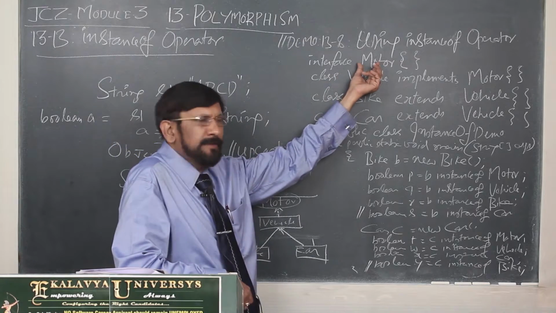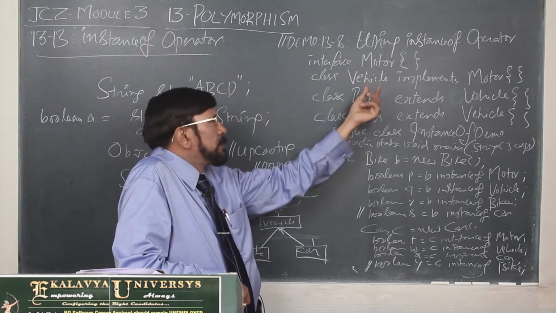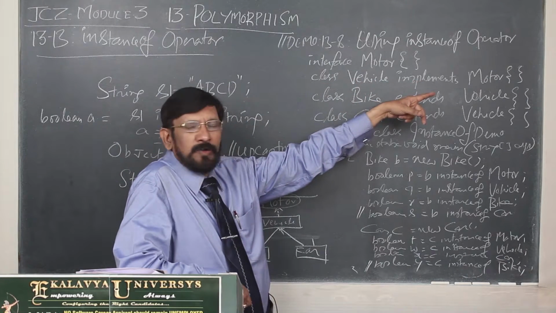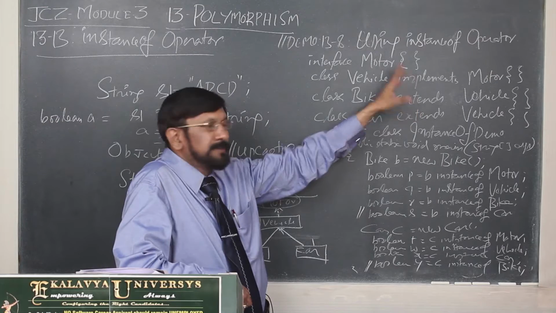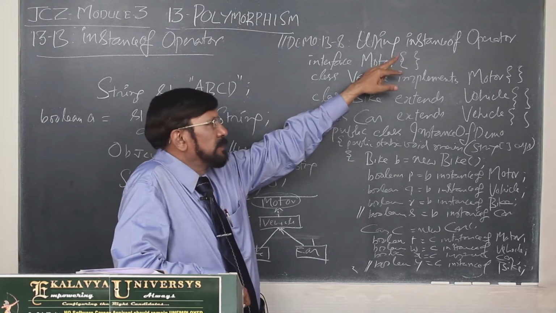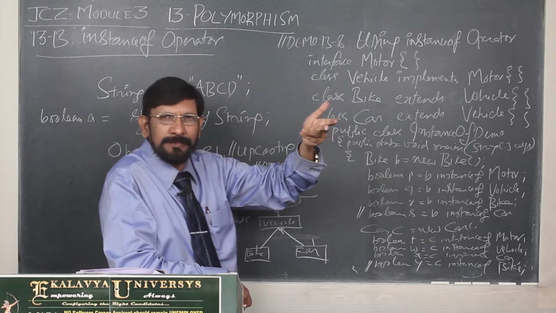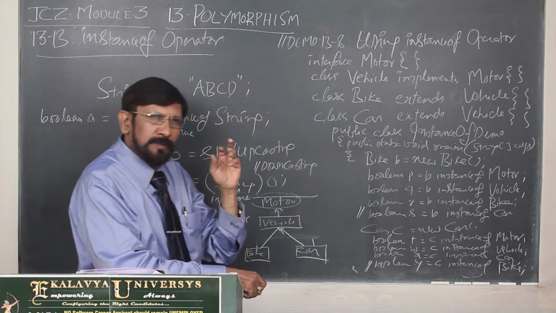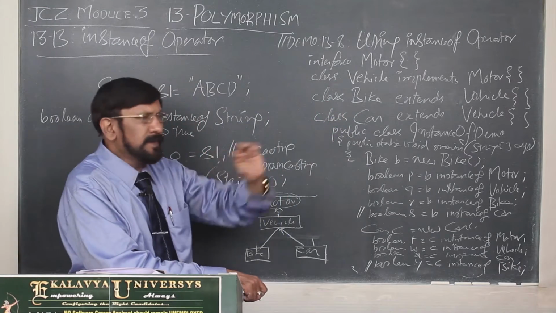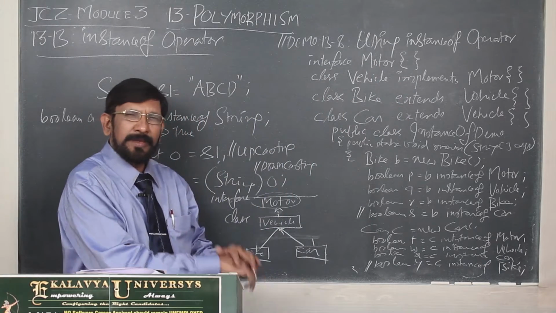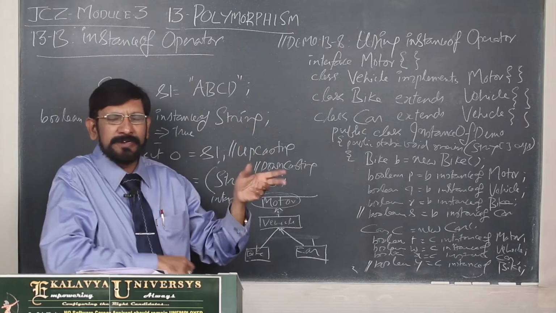Here is the interface Motor. Then class Vehicle implements the Motor interface. You need not write only such conceptual programs. In order to acquire concrete knowledge over the concept, you can write these types of test classes extensively, and work out permutations and combinations.